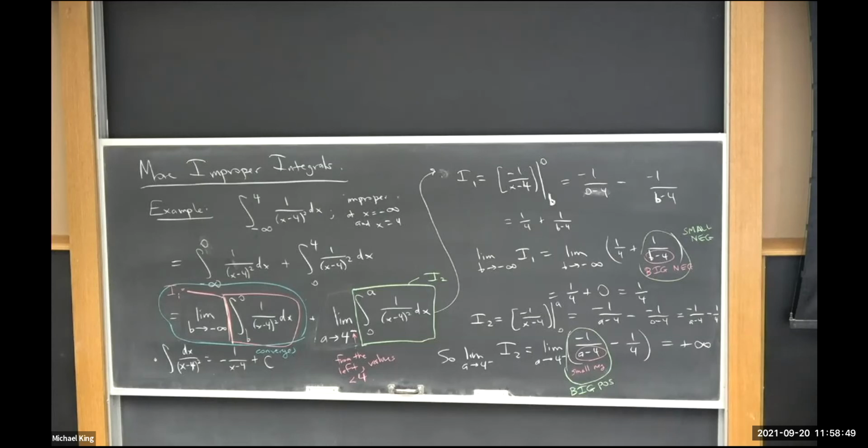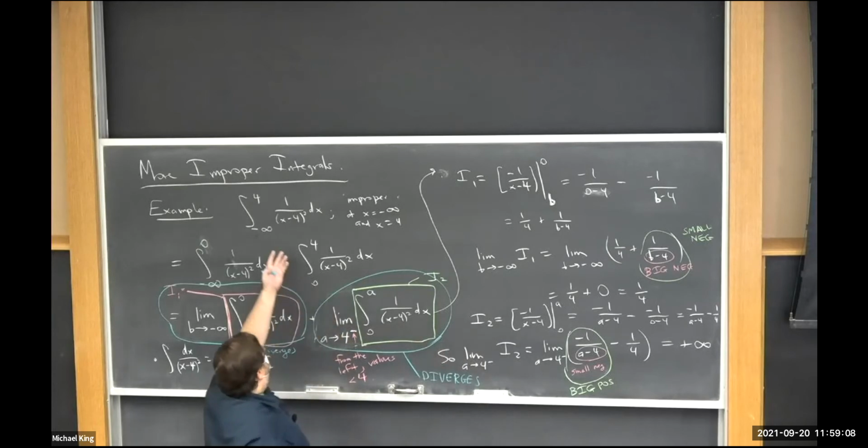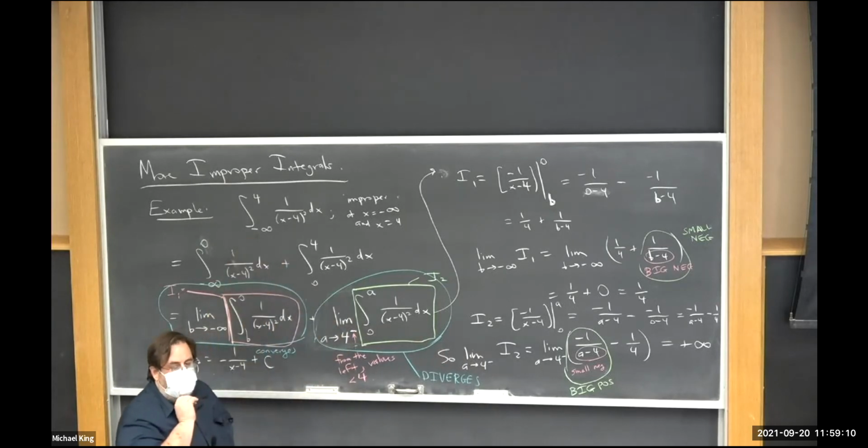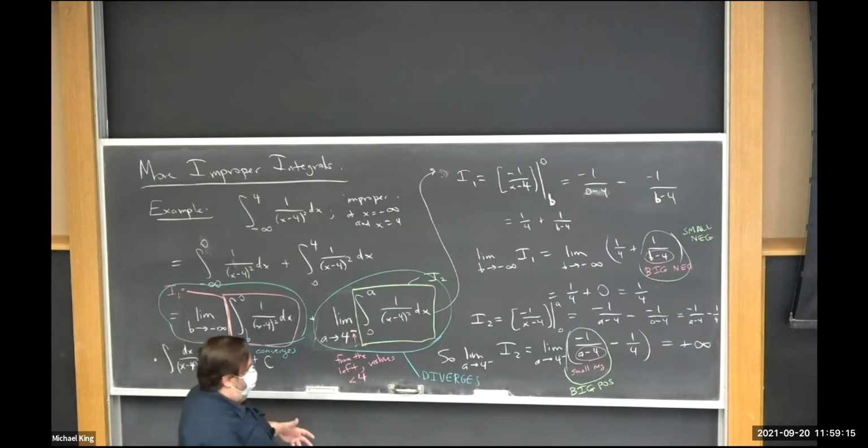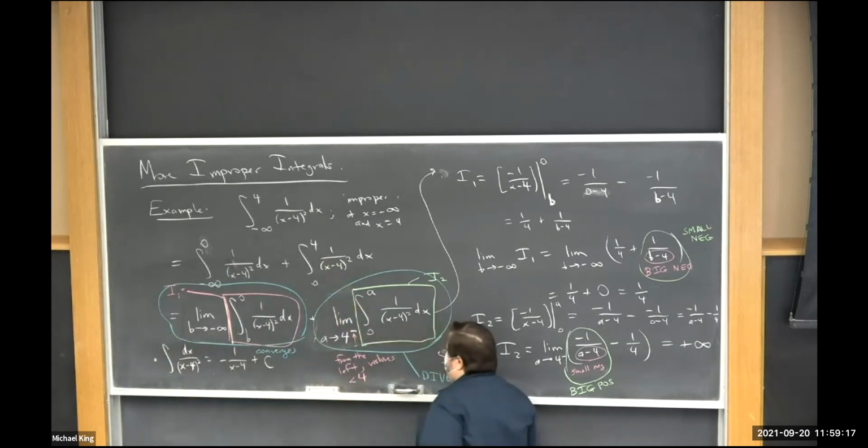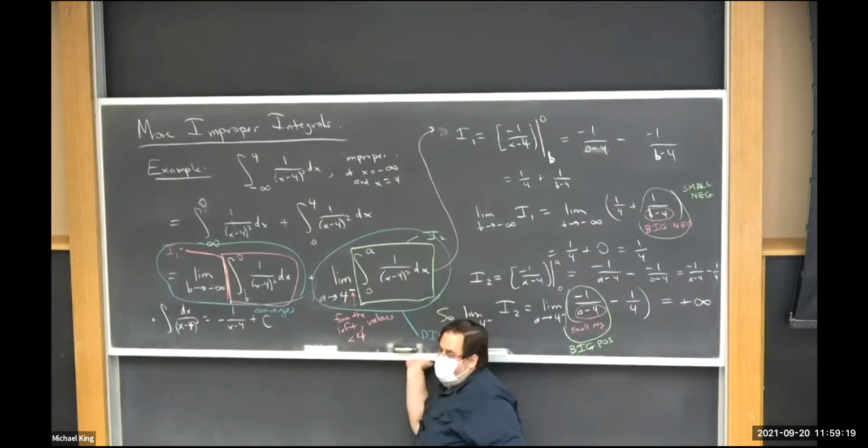So that means the second piece of our integral actually diverges. And we say that if any piece of an integral diverges, the whole thing diverges. Even though the piece from -infinity to 0 was finite, we definitely don't want to call the whole thing convergent, because that would suggest that it equals some number.